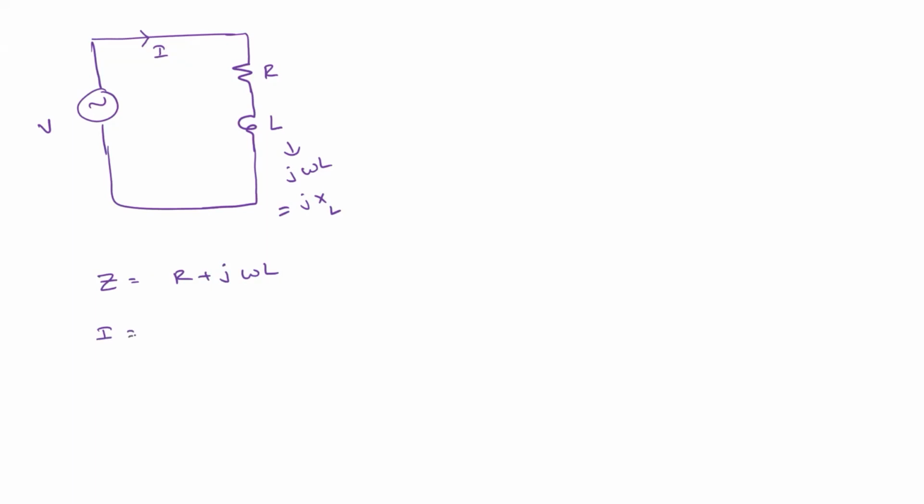How do we represent the current phasor? It will be V by Z, that is V by R plus j omega L. This can be written as V by mod Z at an angle theta, so it is V by Z at an angle minus theta.